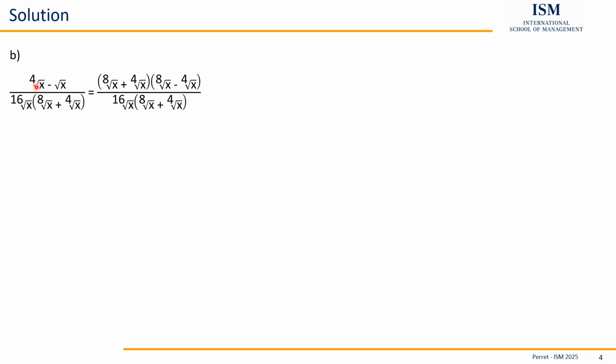Well, square root of this, again, I can write this as x to the power of 1/4. If I take the square root, so I have the square root of this, which is to the power of 1/2. So this is x to the power of 1/4 to the power of 1/2. Then I use the same rule as on the slide before. This means I have x to the power of 1/4 times 1/2.